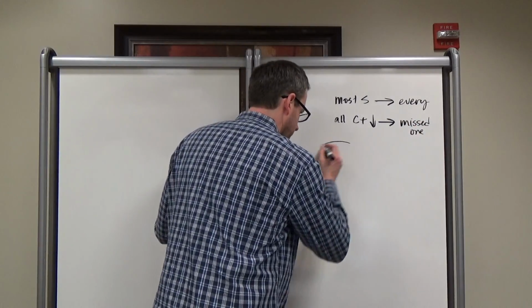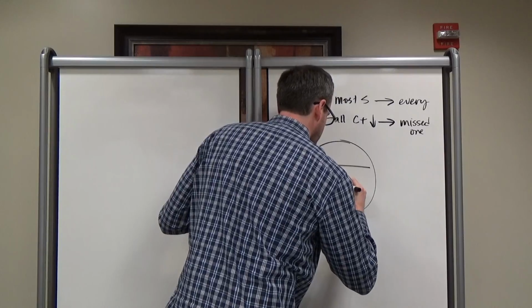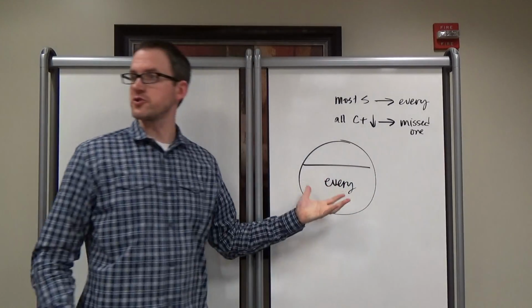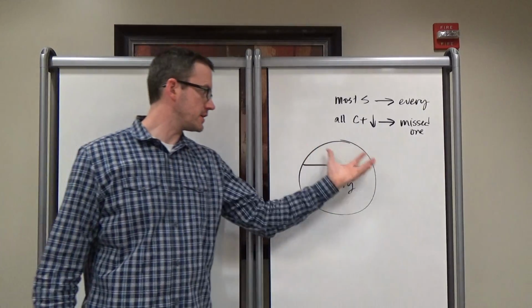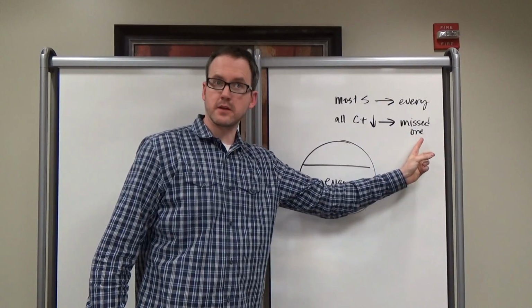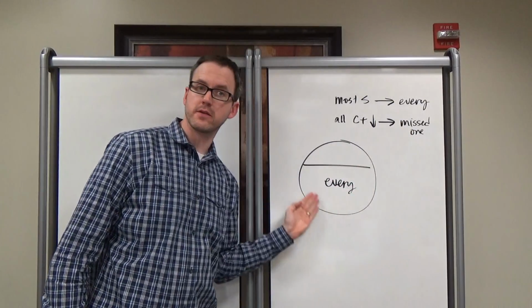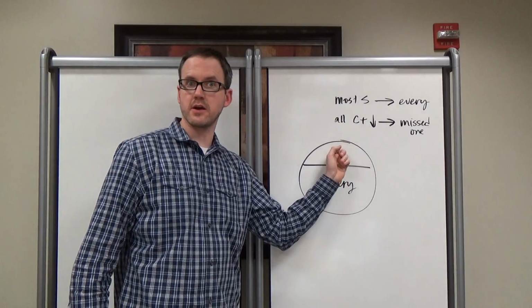So you say, here's all the students, and most of them attended every class, then we could think about it like this. Most of them attended every class, but these guys missed at least one, so they cannot be part of this group. They have to be in this group right here.